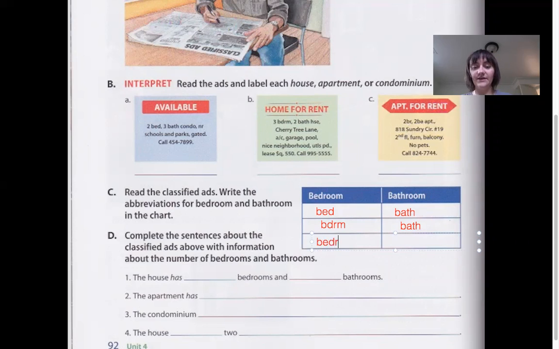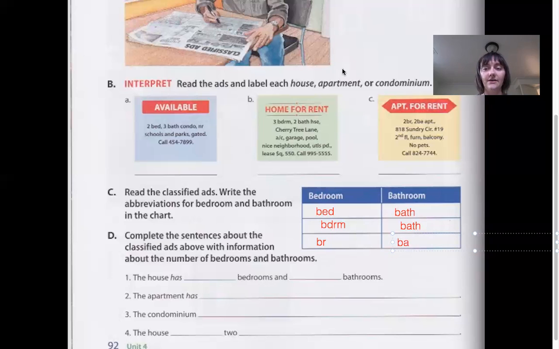If we write bedroom, you'll see there's a B and an R. So we can say BR as an abbreviation. The other one for bath is just BA. BA is bathroom. Okay, so now we know bedroom can be just bed, BDRM, or BR. Bathroom can be bath or BA.